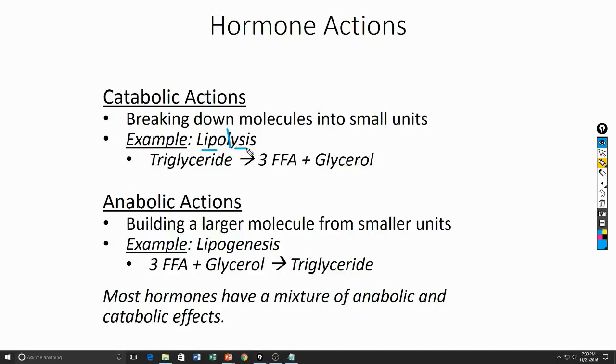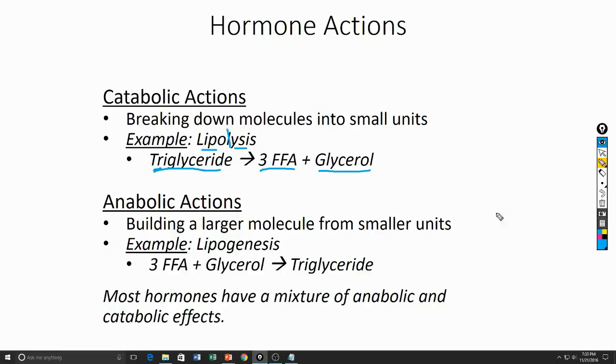Lysis is breakdown, lipo is fat essentially. So breakdown of fats. This process would be a triglyceride being broken down into three free fatty acids and a glycerol head. That's a catabolic reaction. Has nothing to do with muscle, right? It's breaking down stored fat in this case.